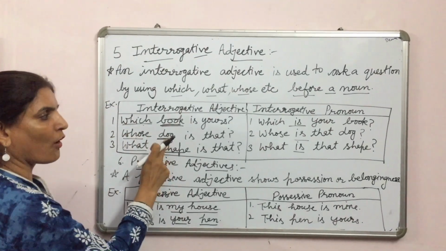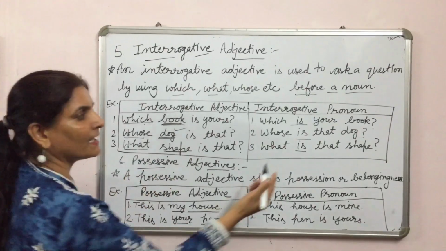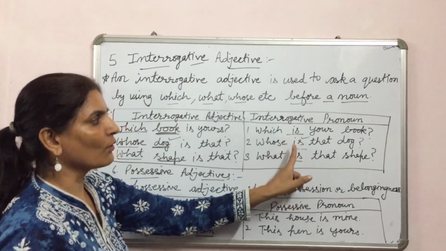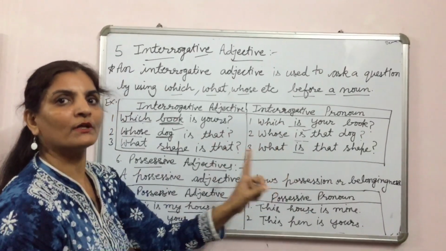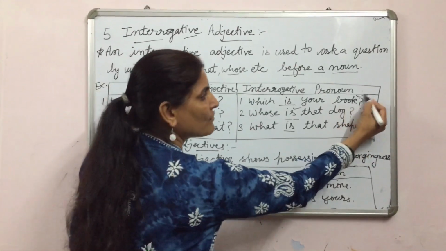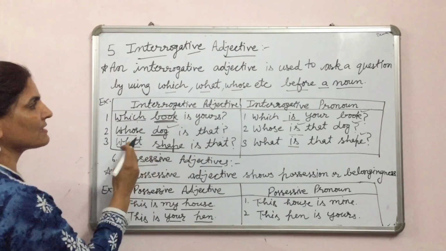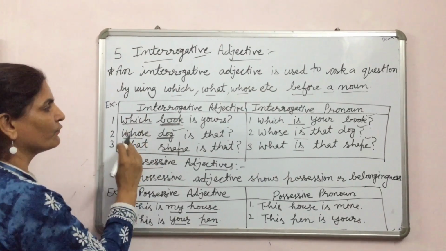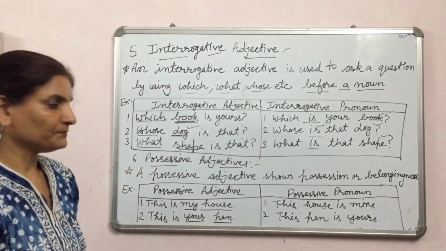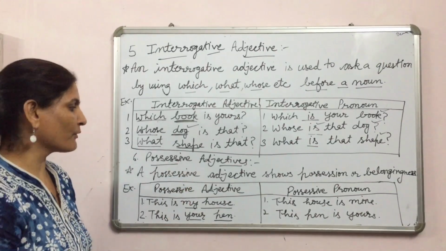Here after whose there is the verb is, so it is a pronoun, not an adjective. What is that shape? Here the nouns are at the end, but in the adjective sentences the nouns are just after which, whose or what.